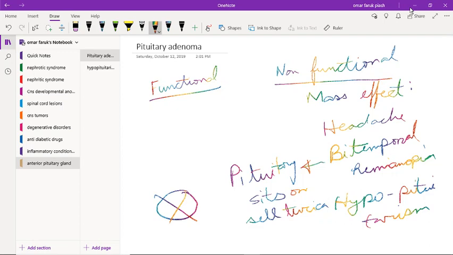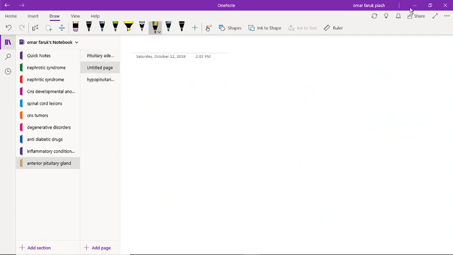Okay, what are the functional tumors of pituitary adenoma? Regarding functional tumors, first you have to remember prolactinoma. What is prolactinoma?